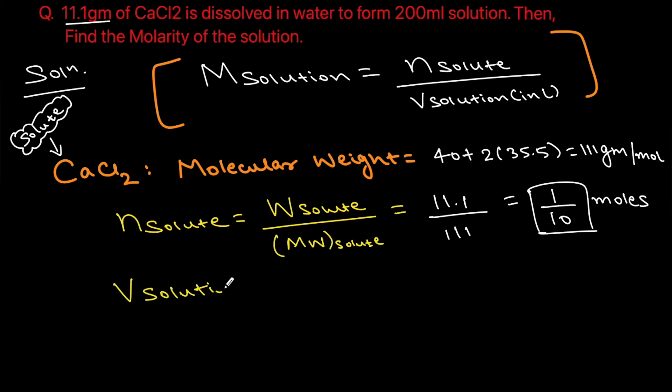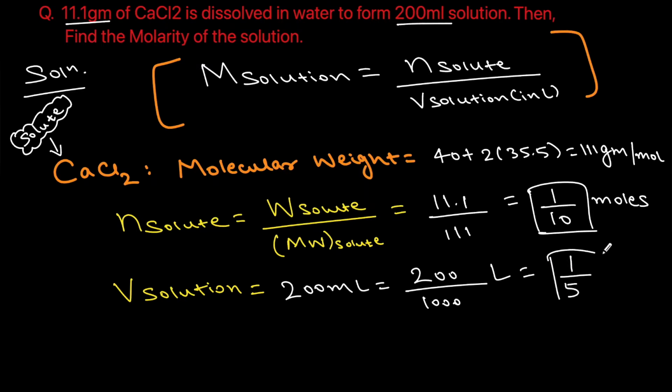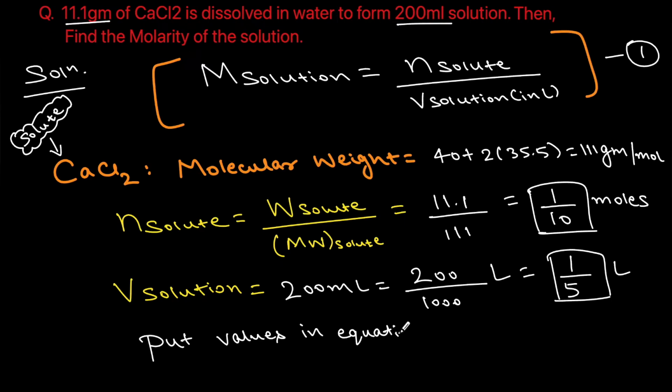Also the volume of solution, it is given 200 milliliter. We have to convert into liter. So 200 divided by 1000 liter, which is 1 divided by 5 liter. Now putting these values in equation number 1, we'll get molarity of solution is equal to 1 by 10 divided by 1 by 5, right?